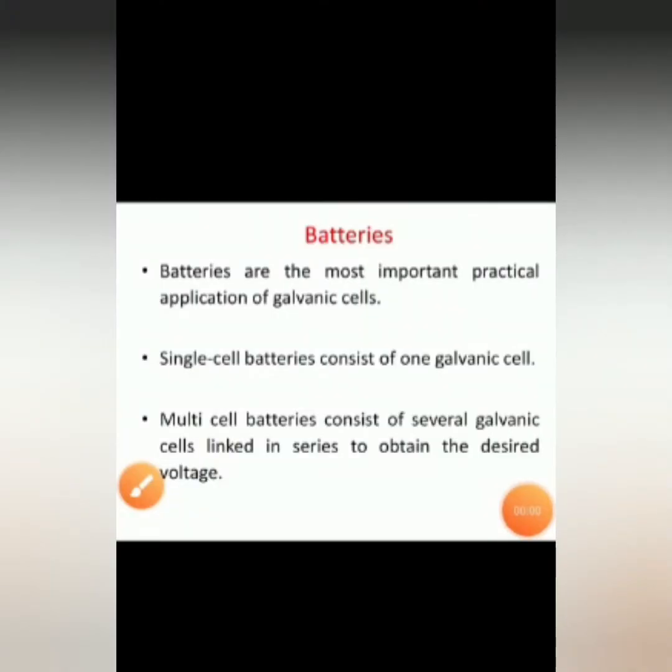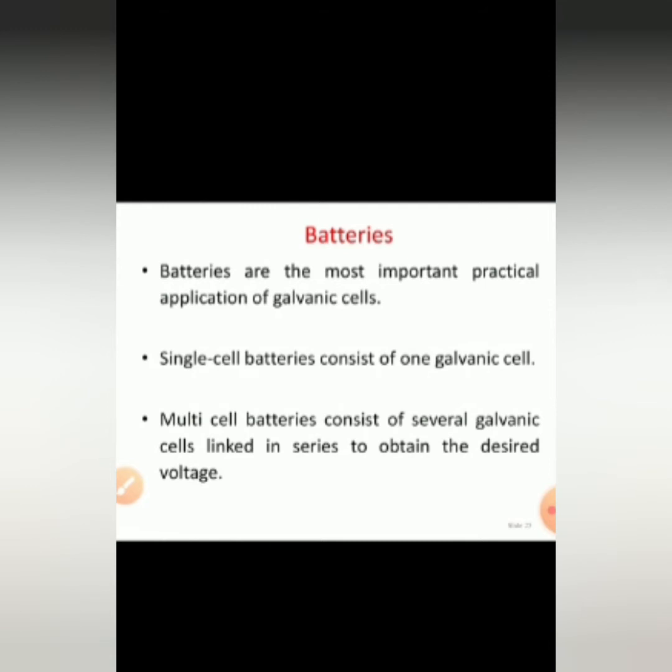So, let's start. Batteries. Batteries are the most important practical application of galvanic cells because batteries are very useful in day-to-day life. Batteries can be classified into two categories: single cell batteries or multi-cell batteries.